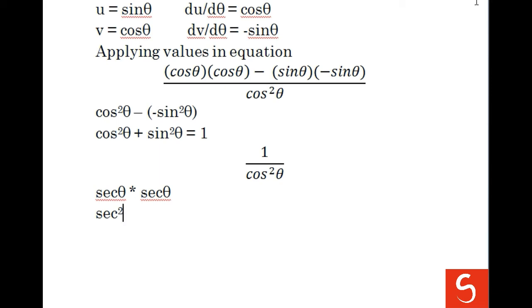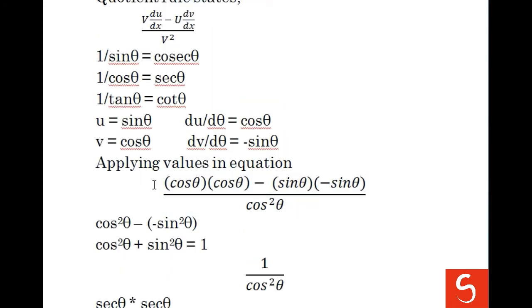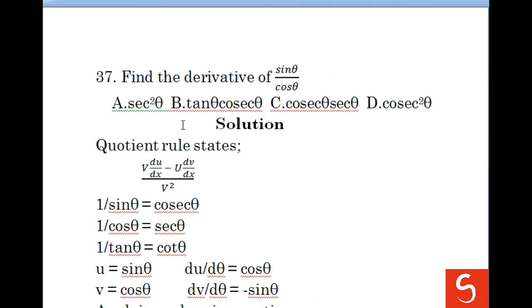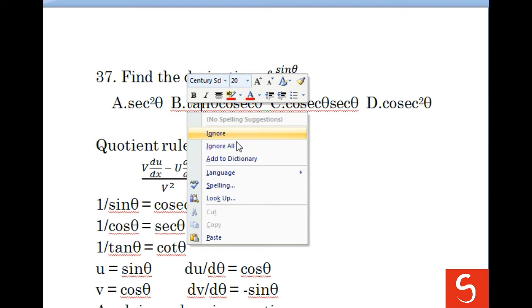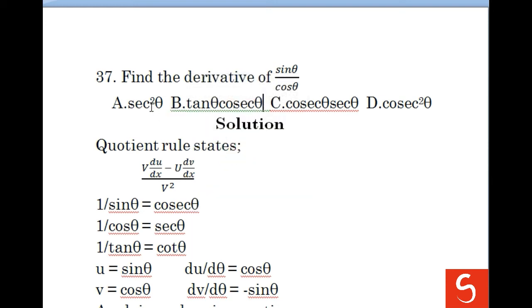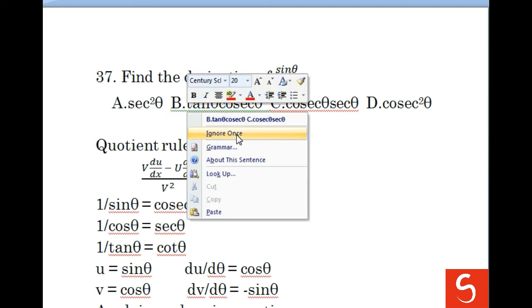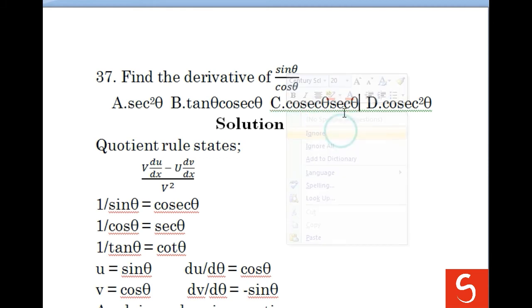That becomes the solution. It's important to know our reciprocal trig functions and how to apply the quotient rule. From the options here, sec squared theta is option A, so option A is the final answer.